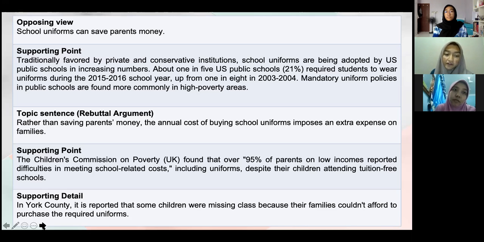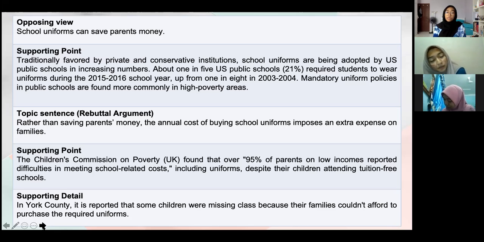About 1 in 5 U.S. public schools, which is 21%, required students to wear uniforms during the 2015-2016 school year, up from 1 in 8 in 2003 to 2004. So mandatory uniform policies in public schools are found more commonly in high poverty areas. So this supporting point supports the opposing view.